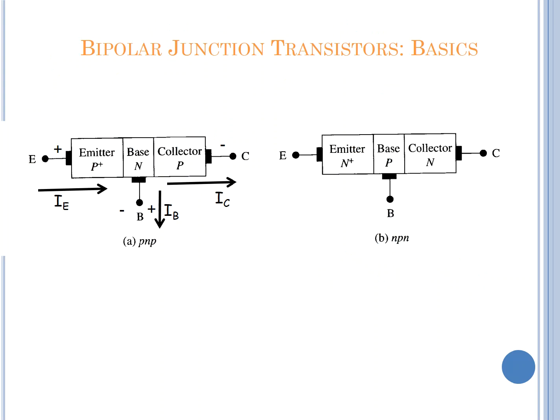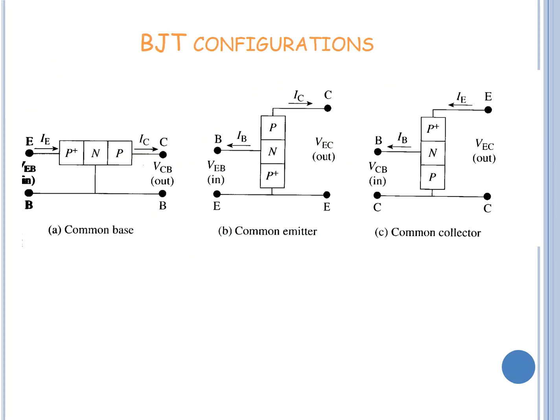This is again the common base transistor connection. Here the 3 configurations are shown, and we will talk about them one by one. Common base means base is common, so the input will be given at the emitter base junction and output at the collector base junction.